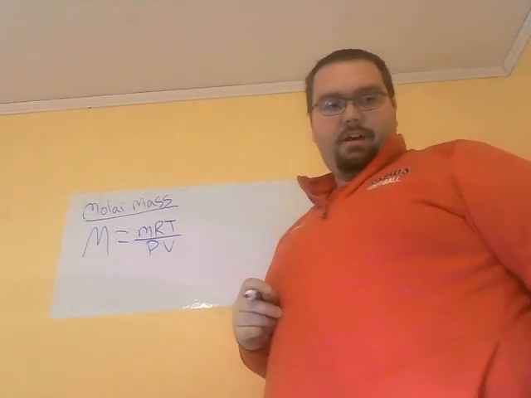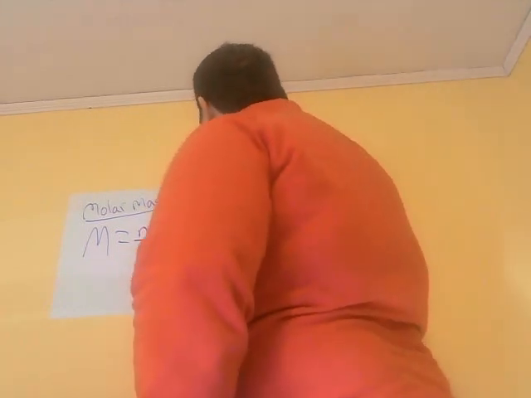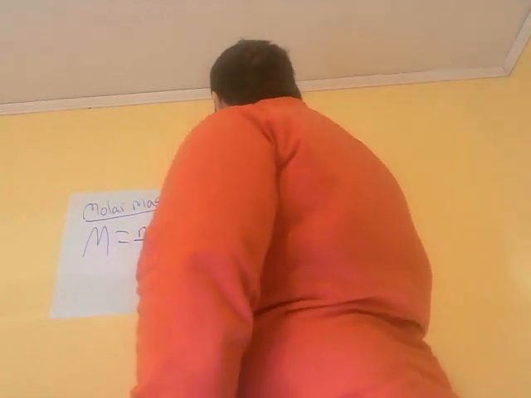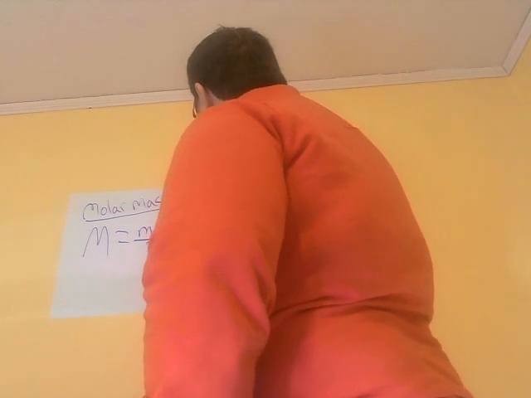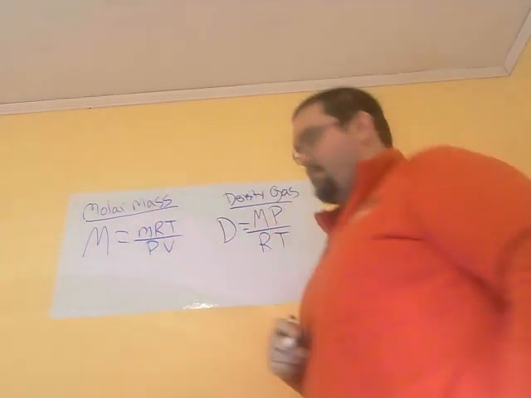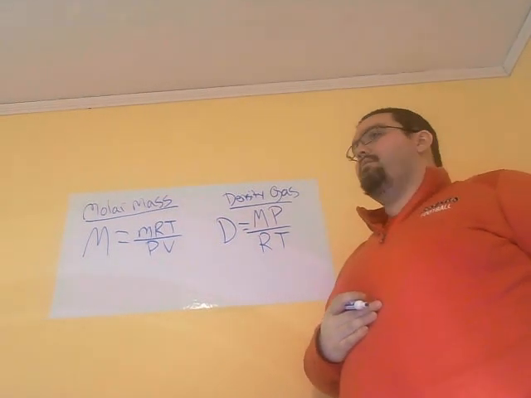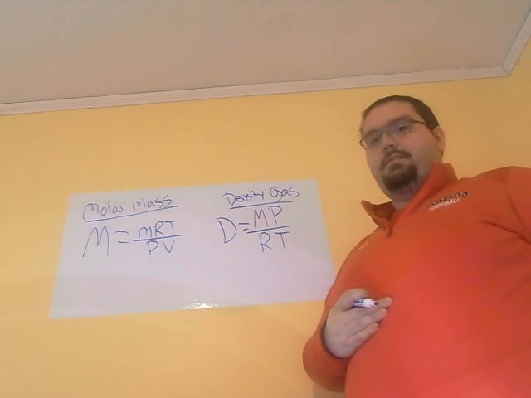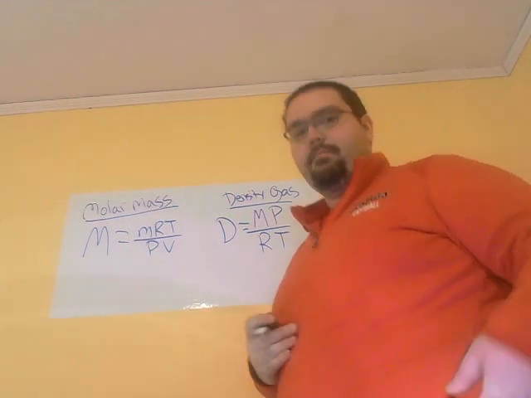The other one you saw is D equals M, capital M, P over RT. This is used to find the density of a gas. We're going to be using an example of each of these now, and yes, they do show up on your test, so you do need to know how to use them.